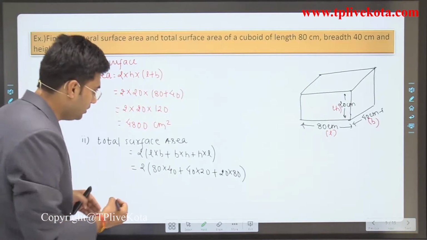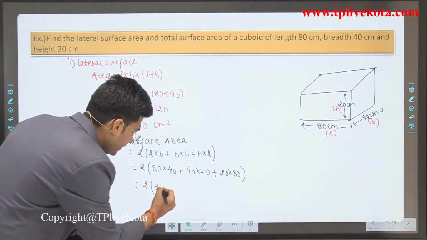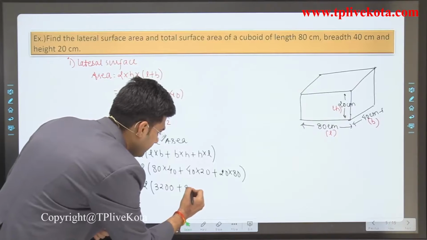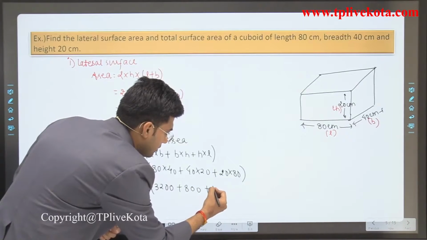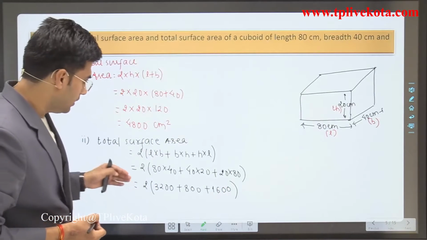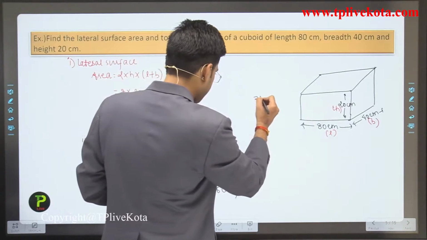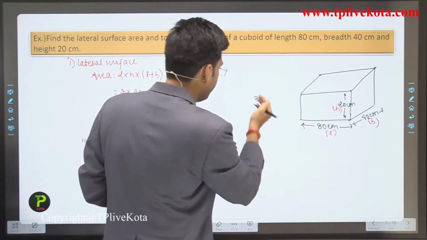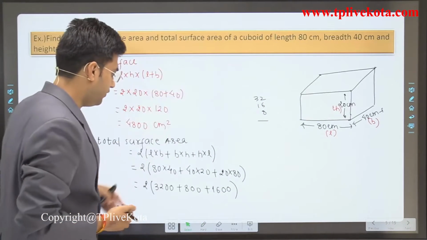So when we solve this, what will we get? It is 2 multiplied by 3200 plus 800 plus 1600. Clear? Now let's add all this. When we add 32, 16 and 8, what will we get? It is 32 plus 8, 40 and 40 plus 16, 56.